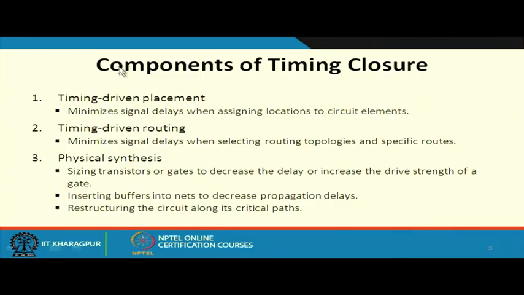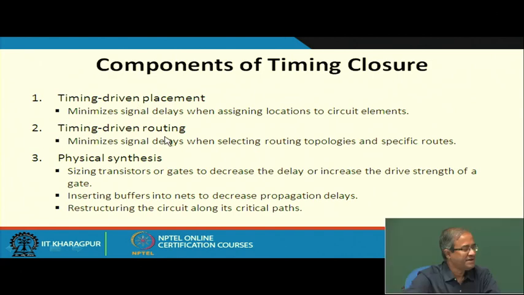So, this is placement. Then we have timing driven or timing aware routing. So, again, how to lay out the different nets using metal connections, so that the signal delays conform to our constraints or requirements.